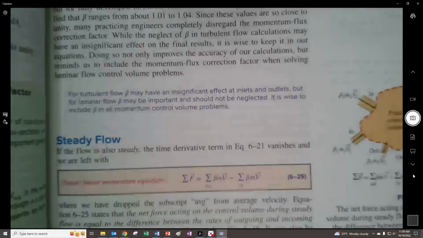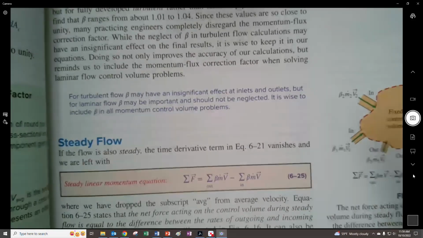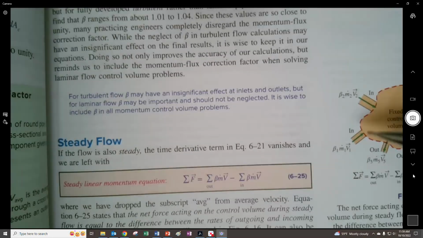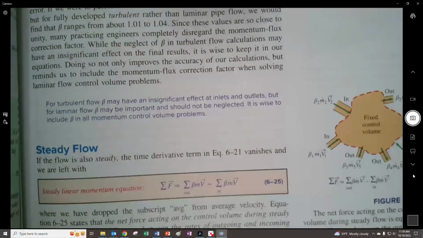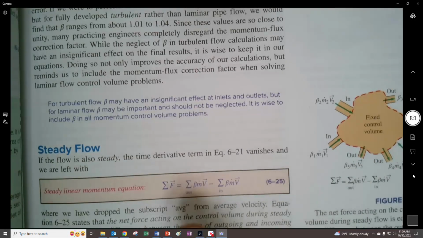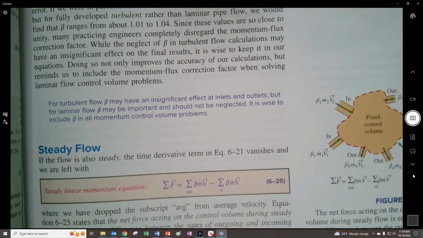The reason why we have the out minus the in is because of those relationships of the velocity and the outward facing normal unit vectors. Those are the things that give it this sign, generally speaking.